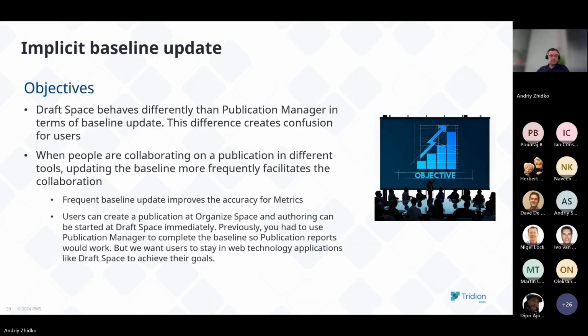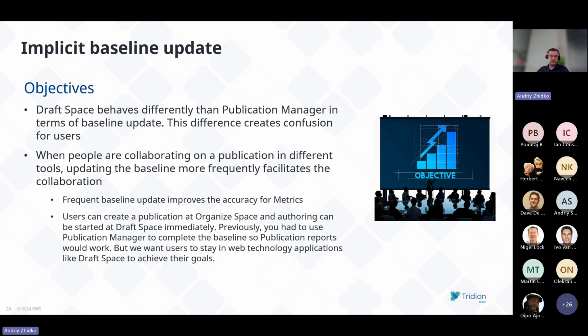Space behaves differently than Publication Manager in terms of baseline update, and this difference creates confusion for users of our product. When people are collaborating on a publication in different tools, the possibility to update the baseline more frequently facilitates the collaboration between them.